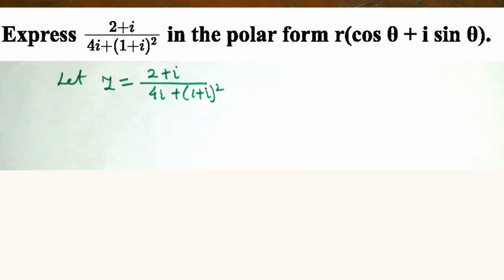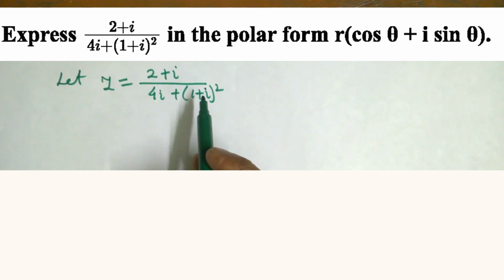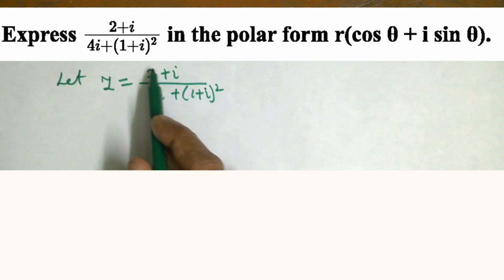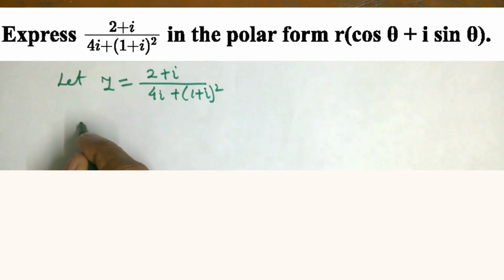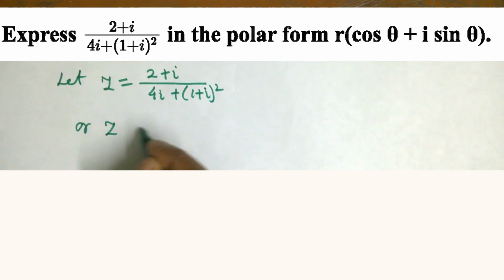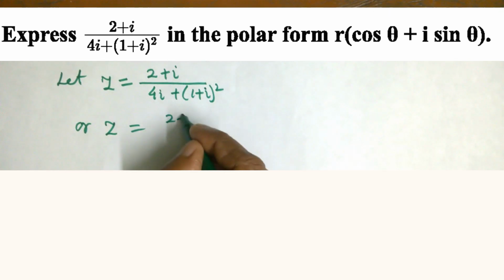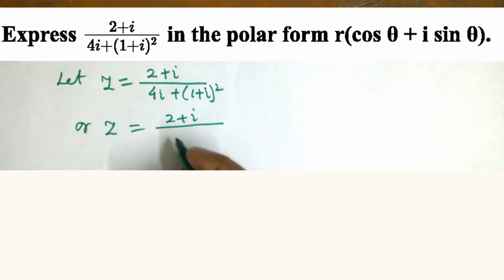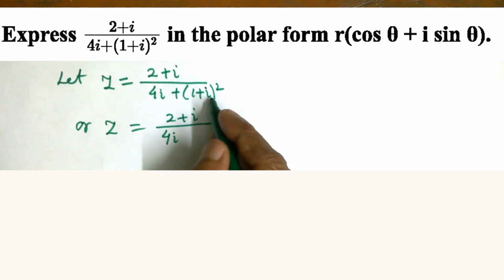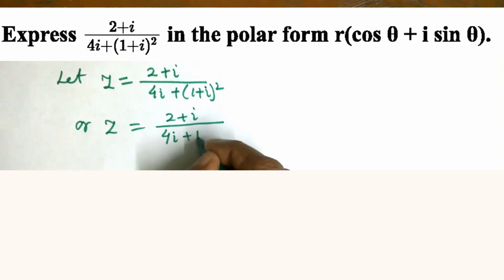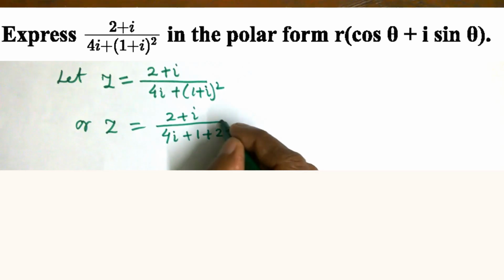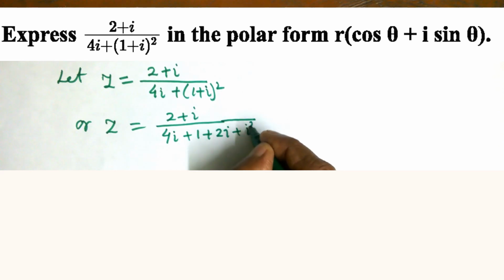To express this as r(cos θ + i sin θ), we have to express it in the form a + ib. So first reduce this. z = (2 + i)/(4i) + (1 + i)², expand this: (1 + i)² = 1 + 2i + i².